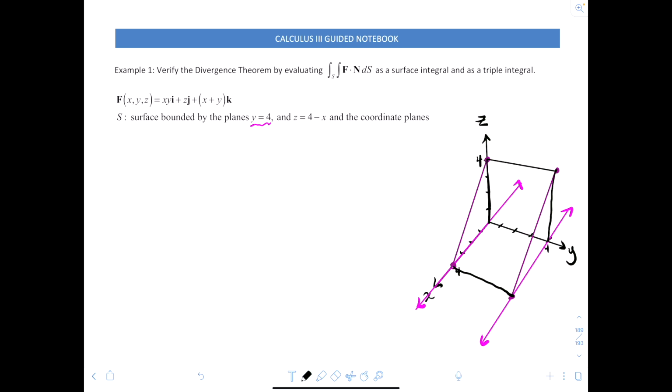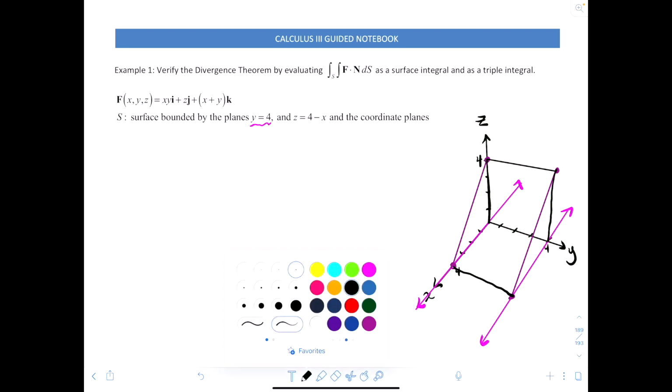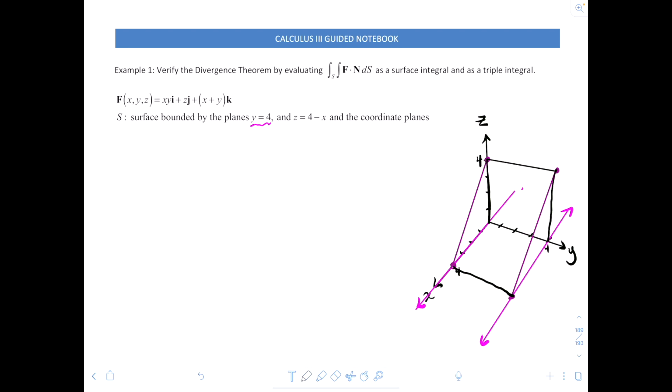We don't have to worry about the stuff that goes behind because it's been bound by the axes. Groovy? So our shape is very beautiful.